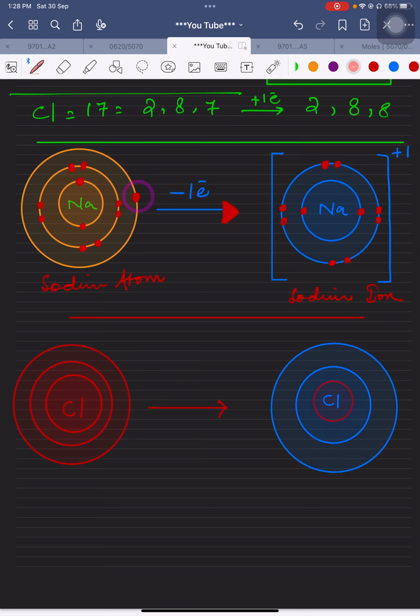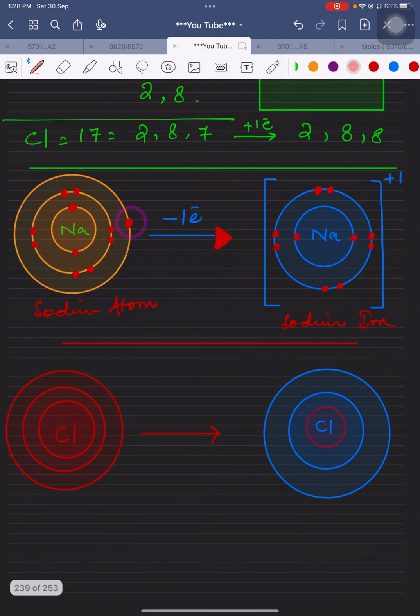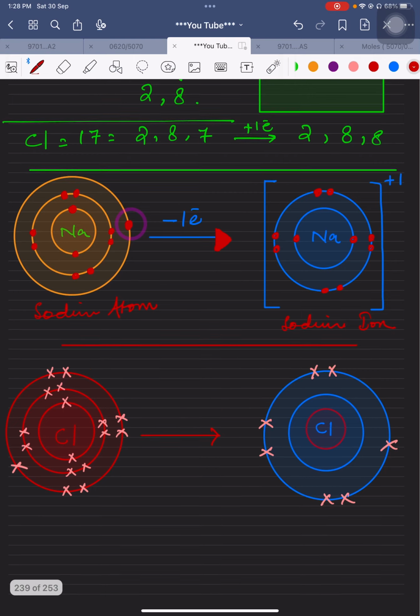All right, so its electrons are with a cross. So this is the first cross, first shell electrons, 2 electrons in the first shell, then 8 in the second. 1, 2, 3, 4, 5, 6, 7. Okay, so 1, 2, 3, 4, 5, 6, 7, and this is the 8th electron.